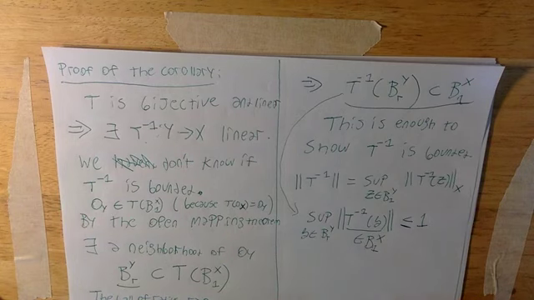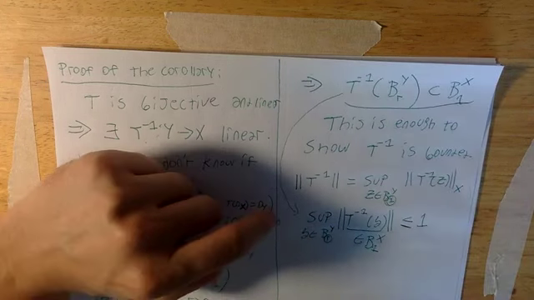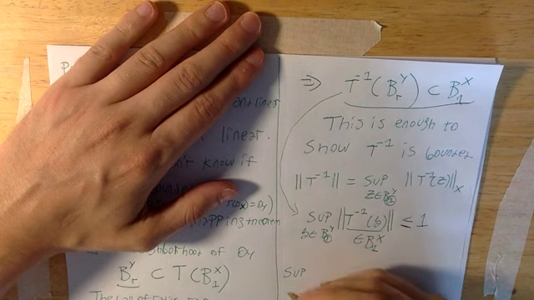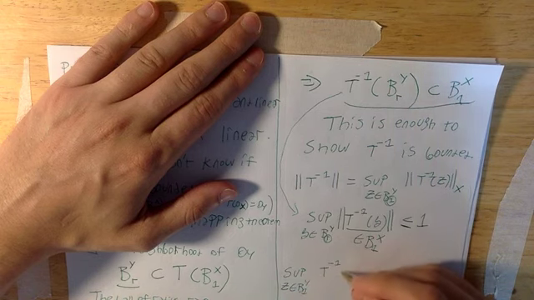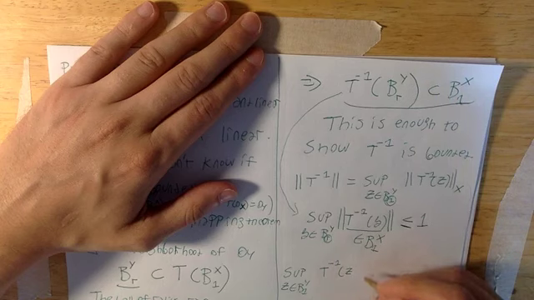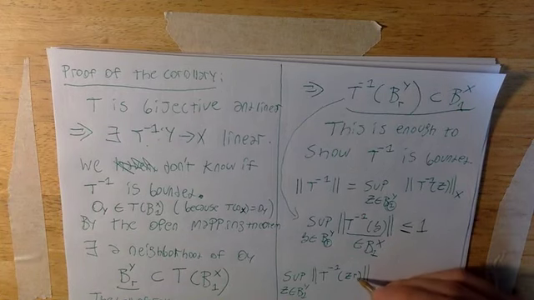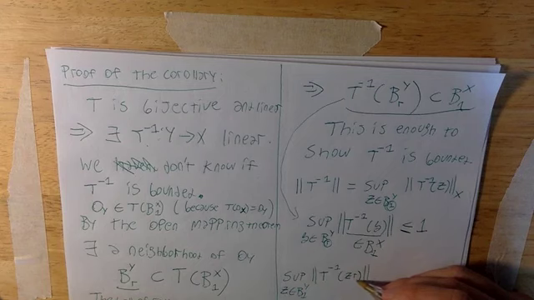Okay, but now I just need to transform from the ball of radius r into the ball of radius 1. So what do I do? We can just use the linearity to say z in B1 of y of T inverse z. Let's take norm. And now let's multiply this by r, and divide by r.